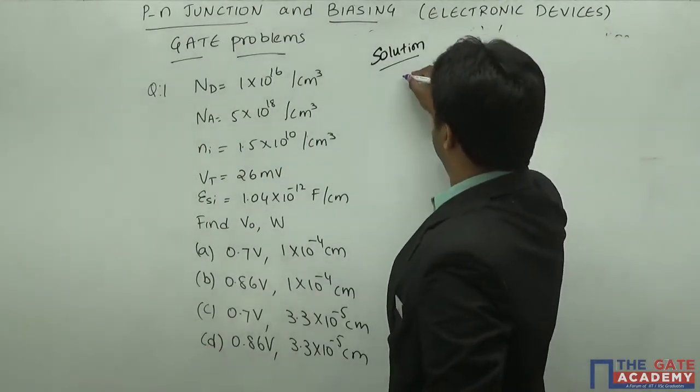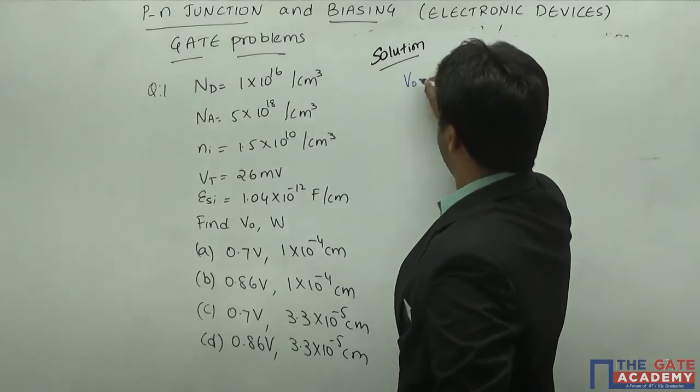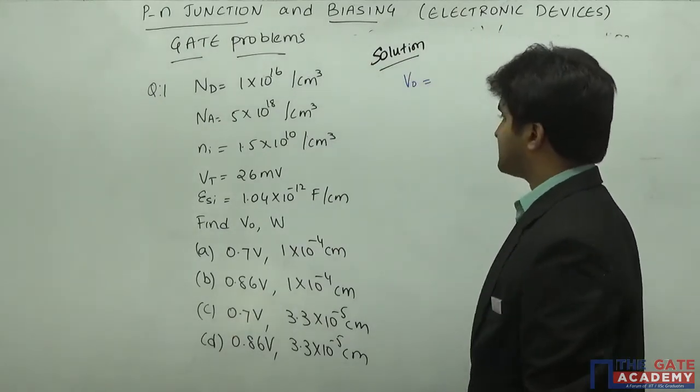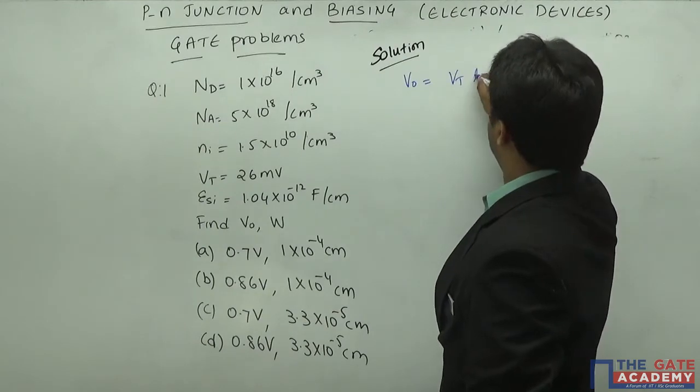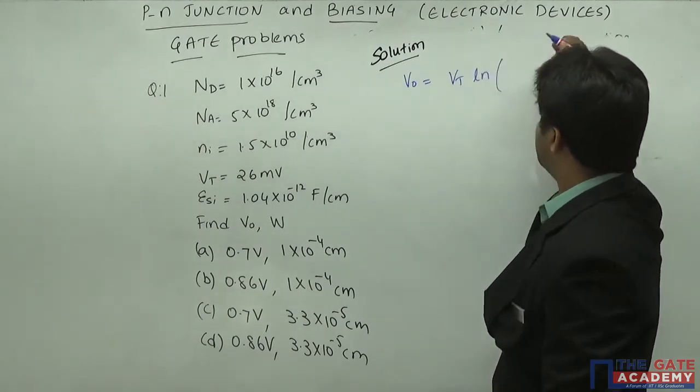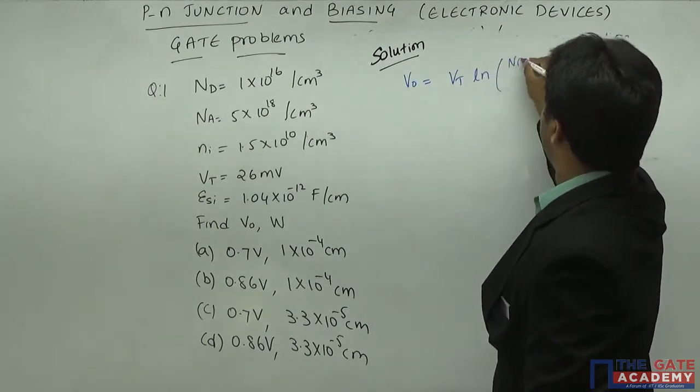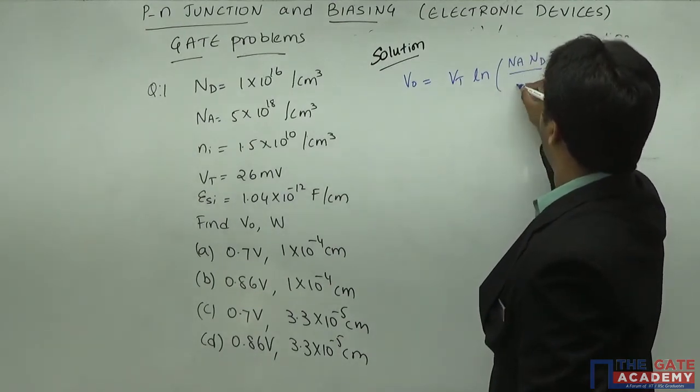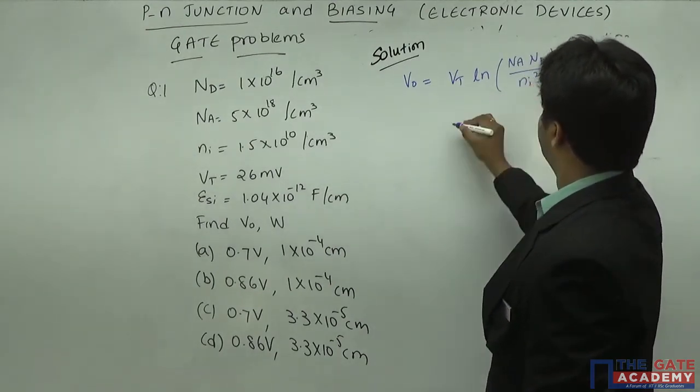So what is the formula for the built-in potential? V0 is given by Vt ln, natural logarithm, of Na multiplied by Nd divided by Ni square.